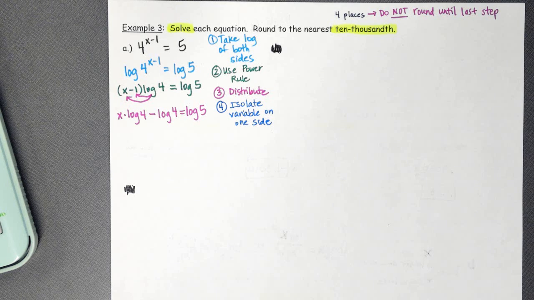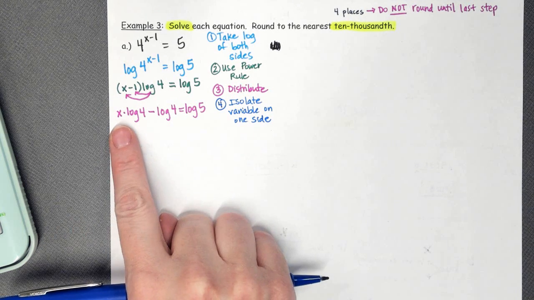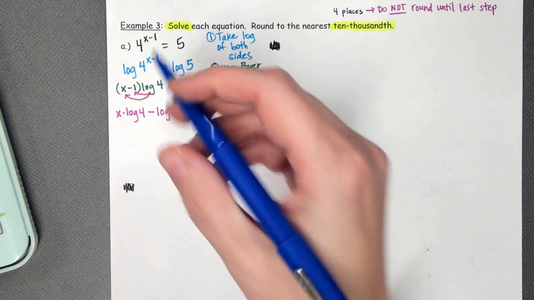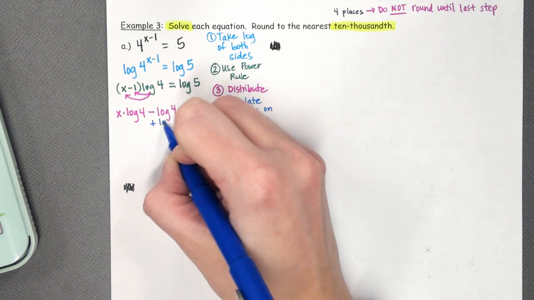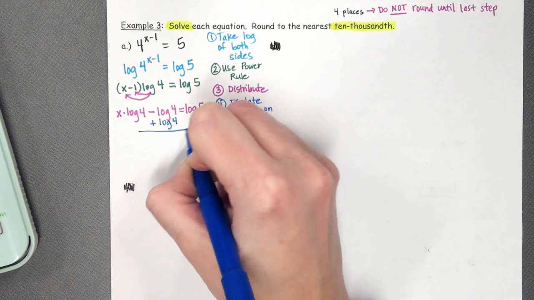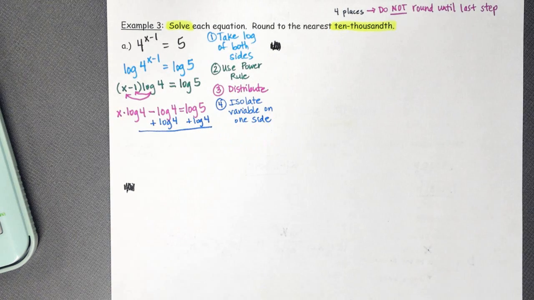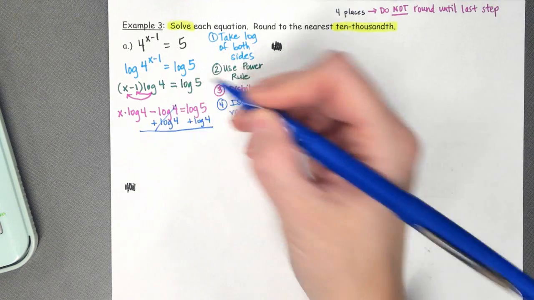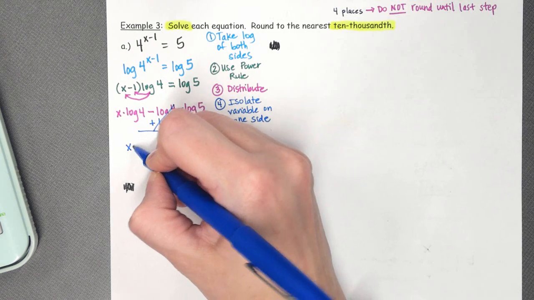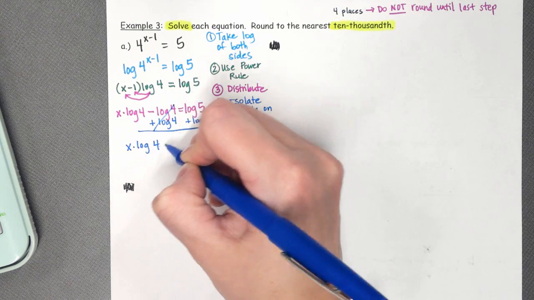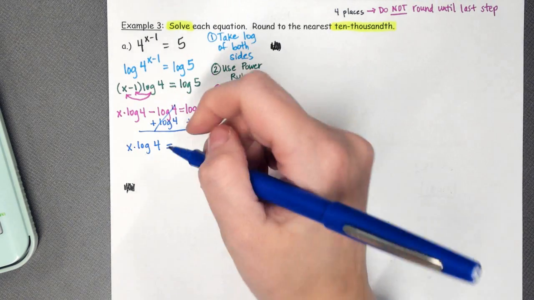What is our variable? X. So that's exactly what we're going to do. So we're going to add log 4 to both sides. So what that does is it leaves x times the log of 4 alone.